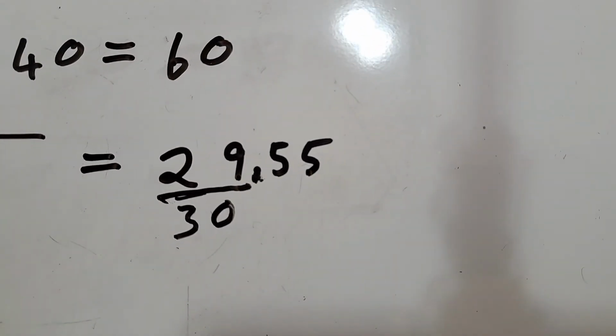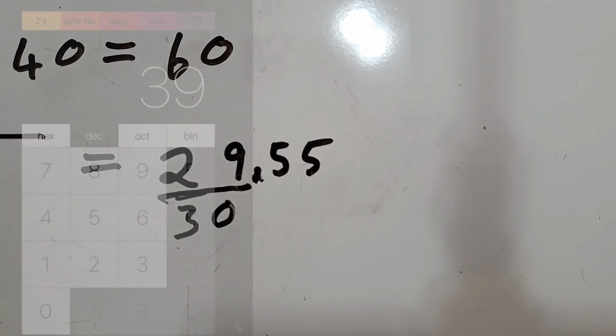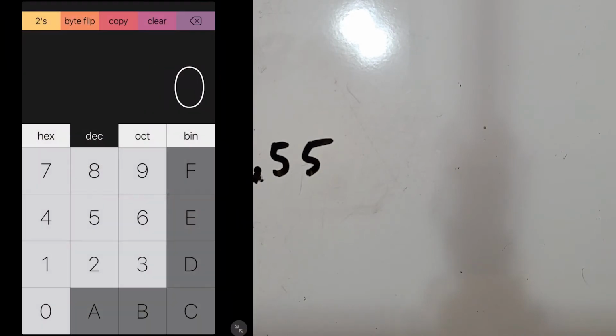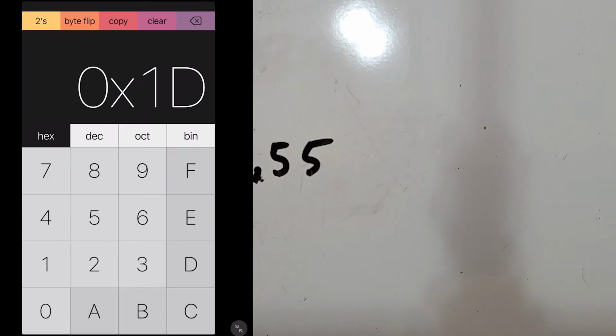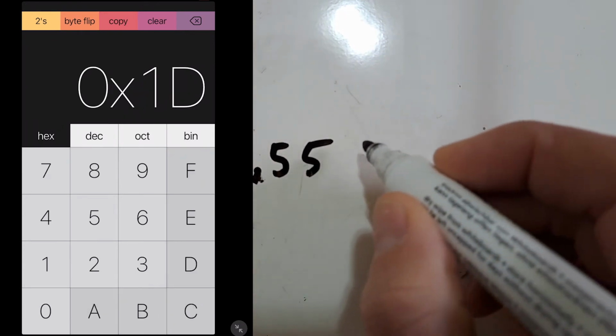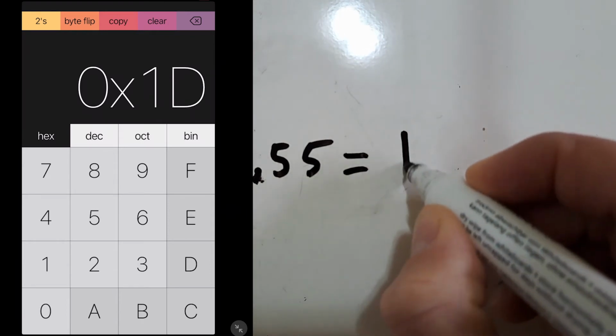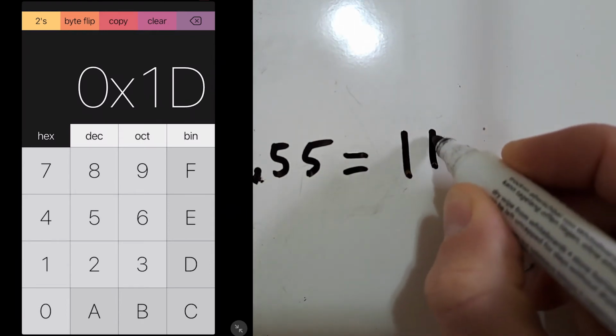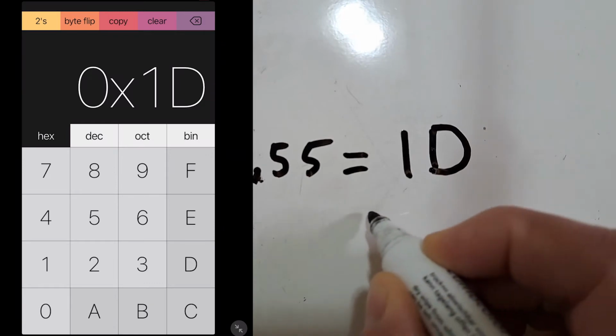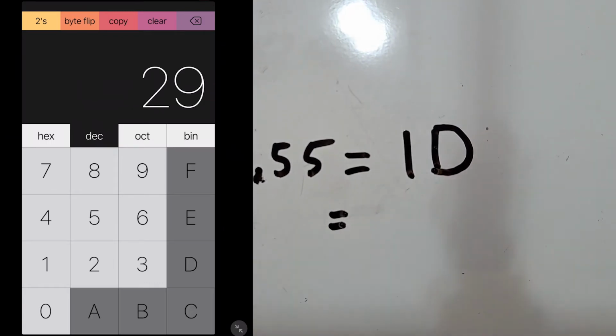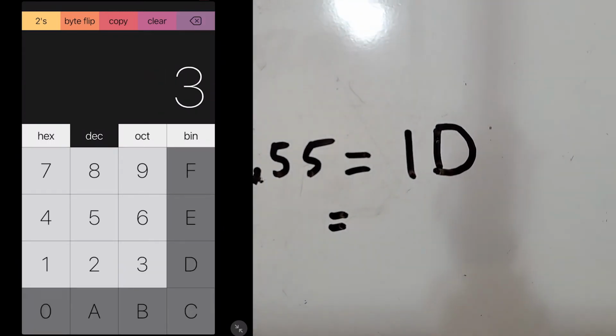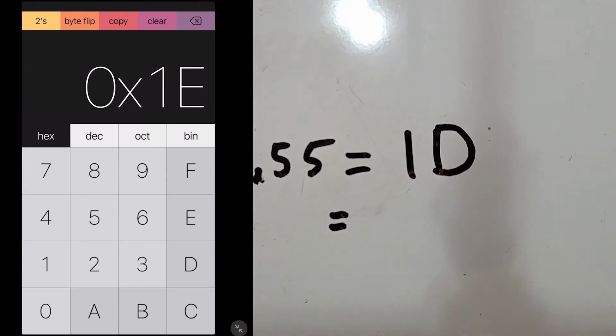If we go to our converter, decimal 29 goes to hex 1D, and 30 equals 1E.